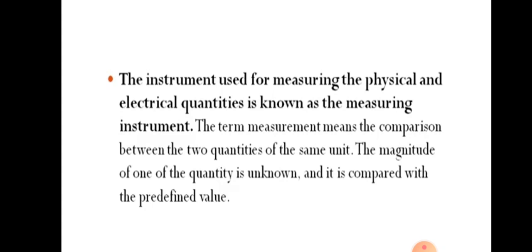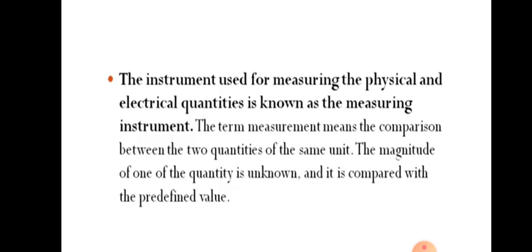The term measurement means the comparison between two quantities of the same unit. In the first lecture we have seen an example of measurement. We are using two quantities, one known quantity and one unknown quantity, and by calculating the difference between the two, we can measure the quantity which is unknown to us.